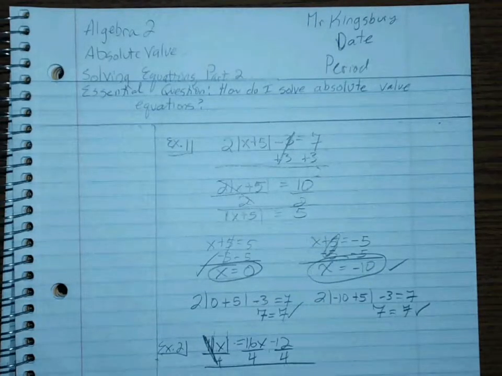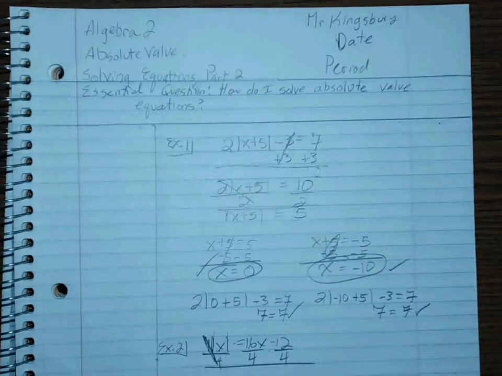I don't know. Let's find out. 4 times the absolute value of 3/5 should equal 16 times 3/5 minus 12. So let's look at the left-hand side. The absolute value of 3/5 is 3/5. And if I multiply that by 4, I get 12/5.